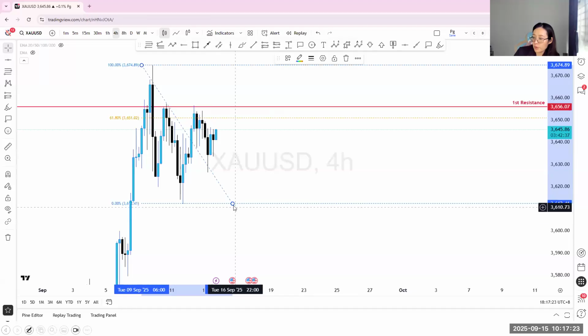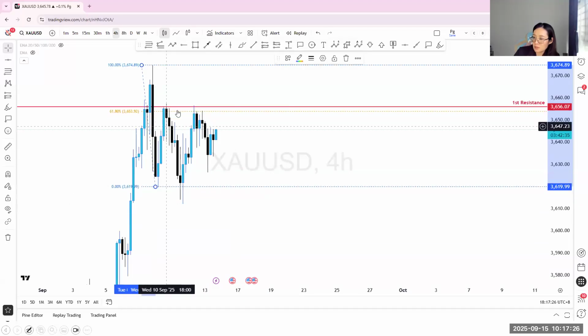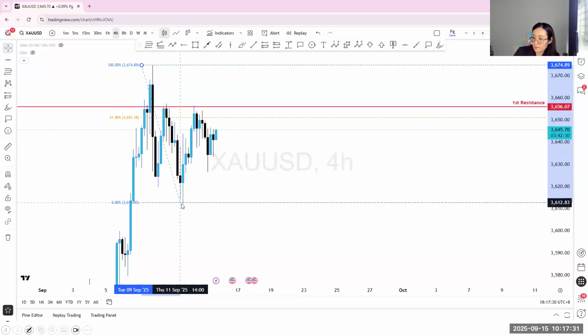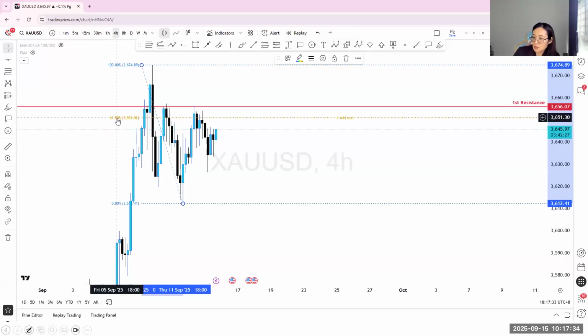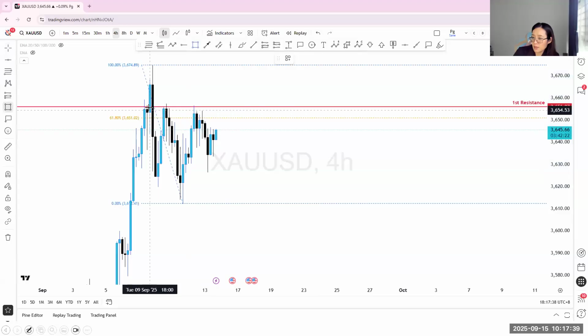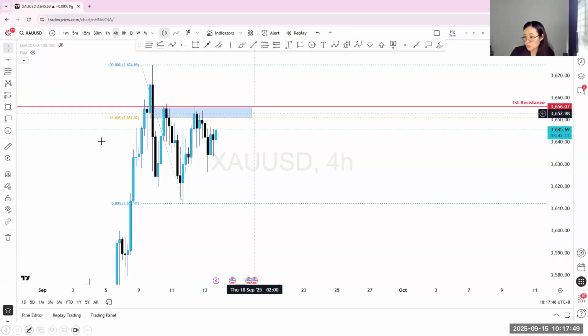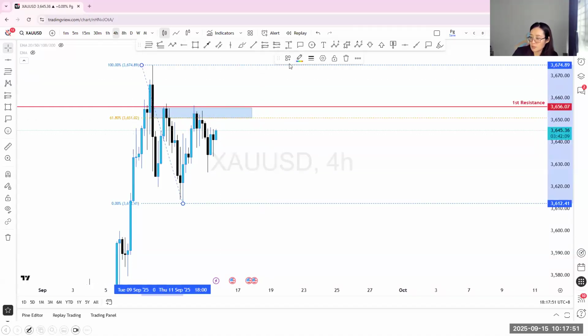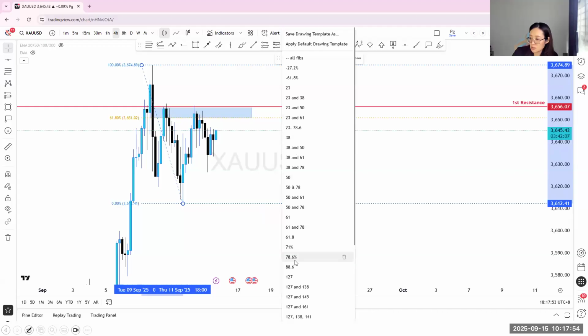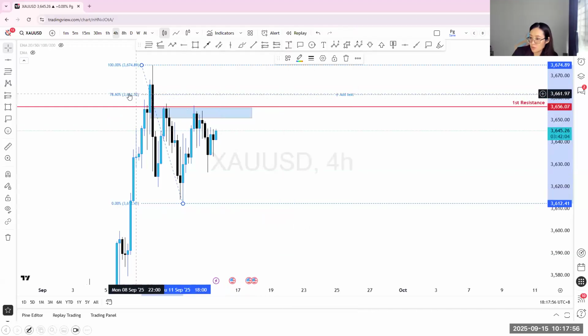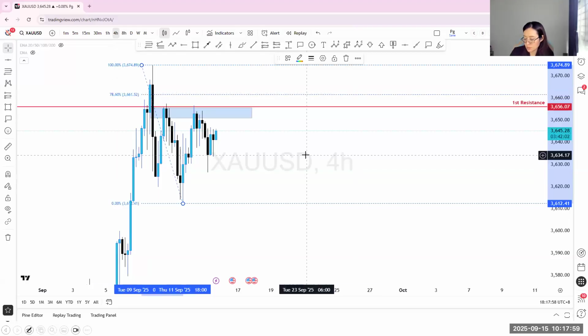From this one, 61.8% is going to be at these zones, but price has already made a new low, which is here. So is 61.8% still valid? Kind of, if you want to highlight that zone. But to me, from this swing high to this swing low, the body has closed above, so I'm not going to treat 61.8% as still valid. I just say it's invalid. And the next zone, 78.6%, is going to be valid.